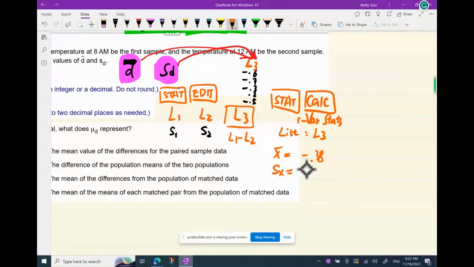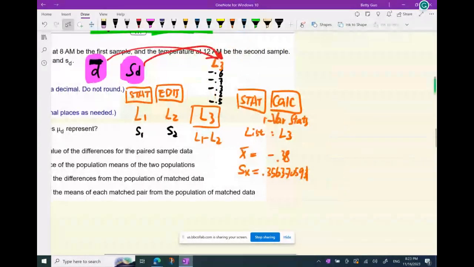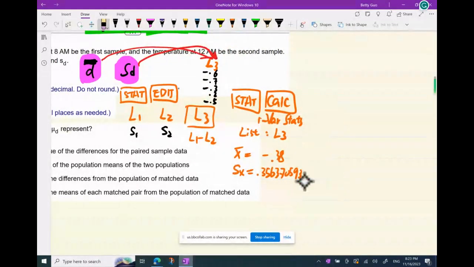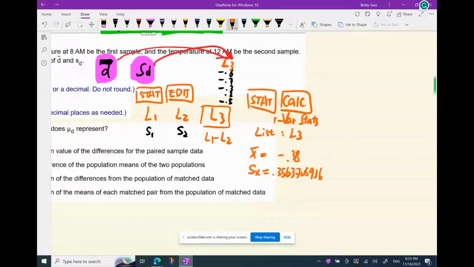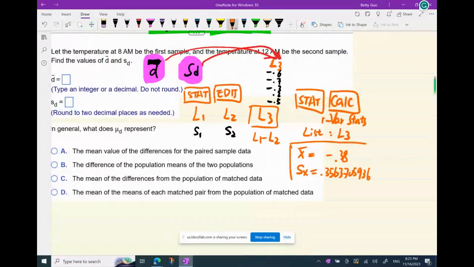Sample standard deviation is 0.35, 63, 70, 59, 36, 36. Okay, guys, do you have the same result with me?